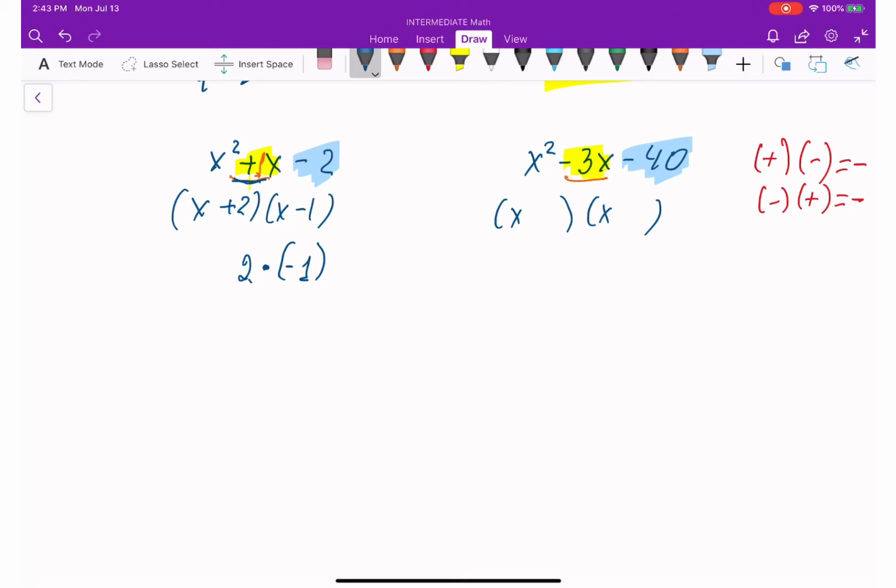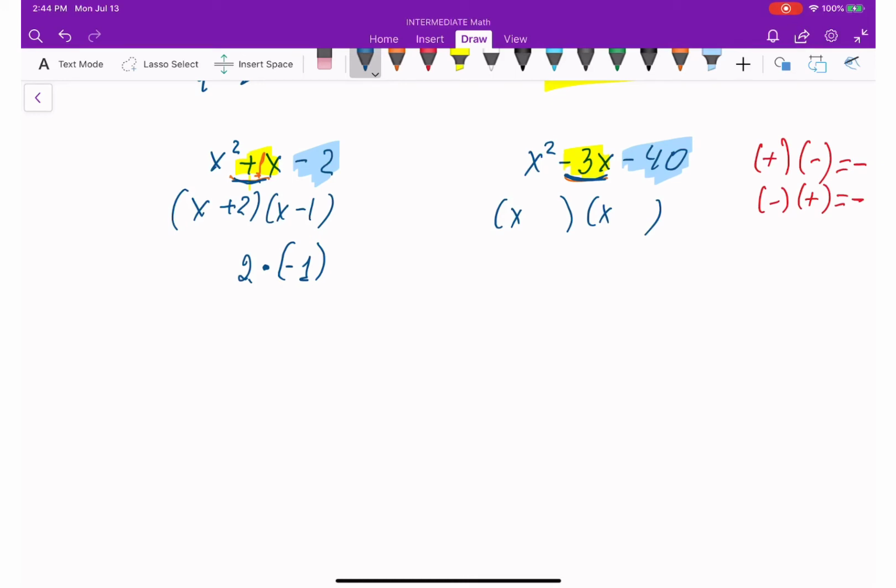Moving to next one. So we said when it's negative 3, it's negative. We have negative sign. That means in the case of one positive, one negative sign, the bigger number is going to be negative. Okay, let's break down 40 and keep in mind that the bigger number, we're going to keep it negative. Small number, we're going to keep it positive.